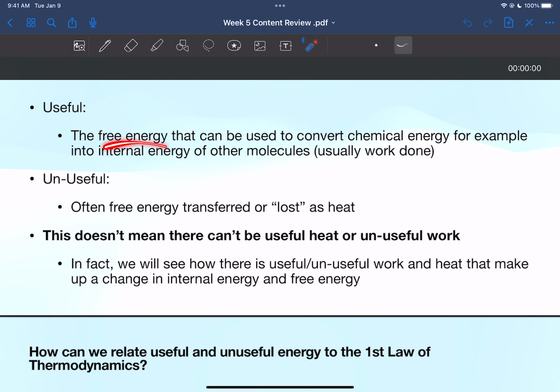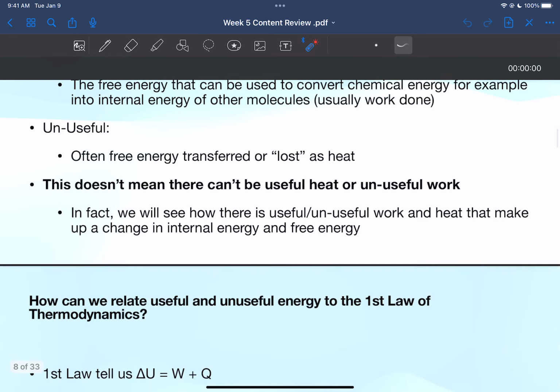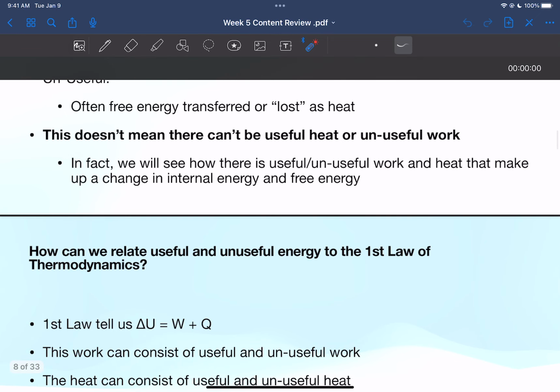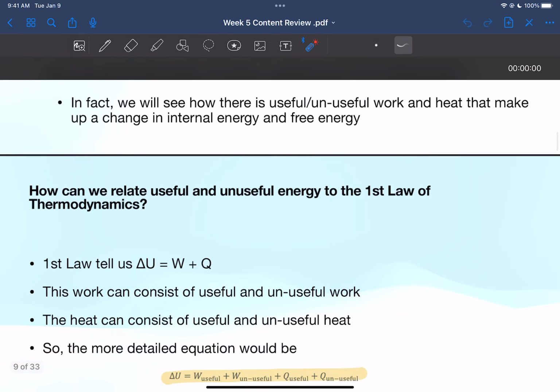Free energy can do work for us, but there's also unuseful work. Free energy can be lost as heat, and that makes it unuseful, but we can also have useful heat instead. We're going to see in a sec how useful and unuseful work and heat make up a change in internal energy and free energy.